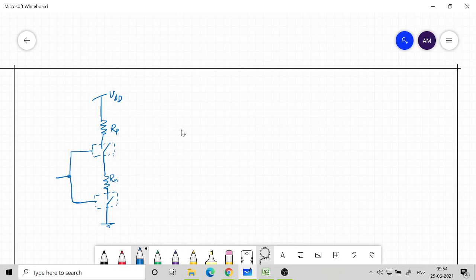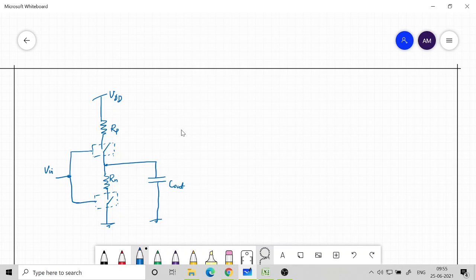Whatever average resistance we get, we will put it here. The evaluation that we did is for a special case where we considered velocity saturation, but that approximation need not be valid for a long channel MOSFET. So now I am going to put just one capacitor which has all the parasitic and load capacitance inside it. So this is the simplified model.